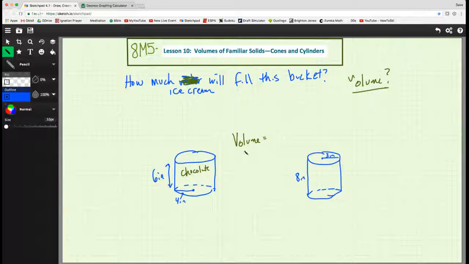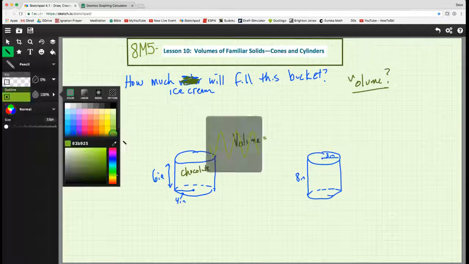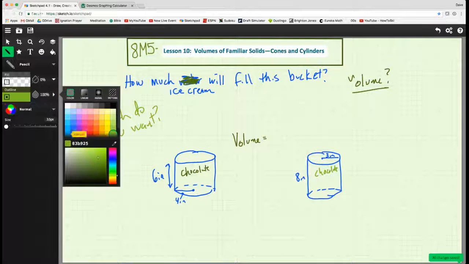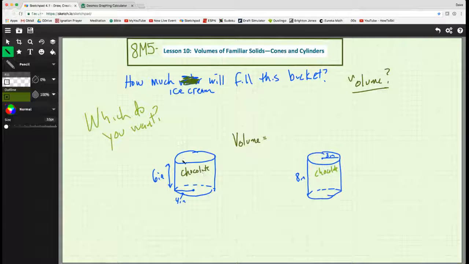You're going to tell your mom, I want the ice cream, and this is chocolate too. You say, which do you want? It is not obvious to me which one of these has more ice cream in it. But boy, you want to go home with the bigger thing of ice cream. So let's figure out the two volumes and figure out which one you want. Let's say they're both $5. So I want to know which one I want to buy.